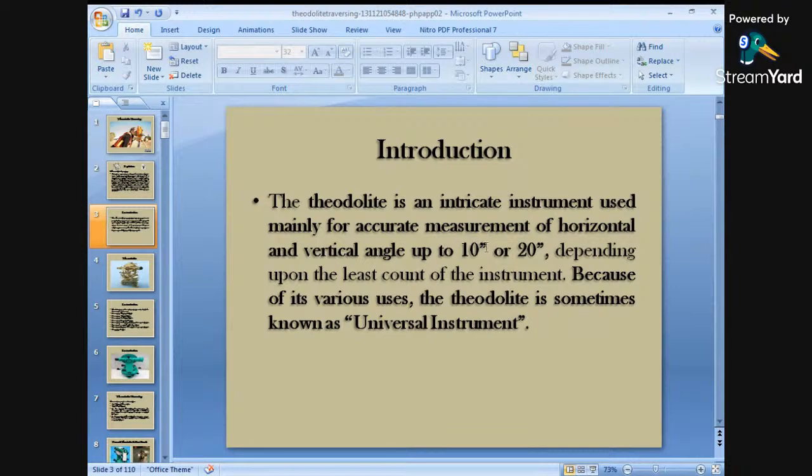With the help of theodolite we can measure up to 10 seconds or 20 seconds, depending upon the least count of that instrument. It is also used for various purposes. It is not necessary that it will always be used for measuring horizontal or vertical angle. It has other purposes also, therefore it is sometimes called your universal instrument.